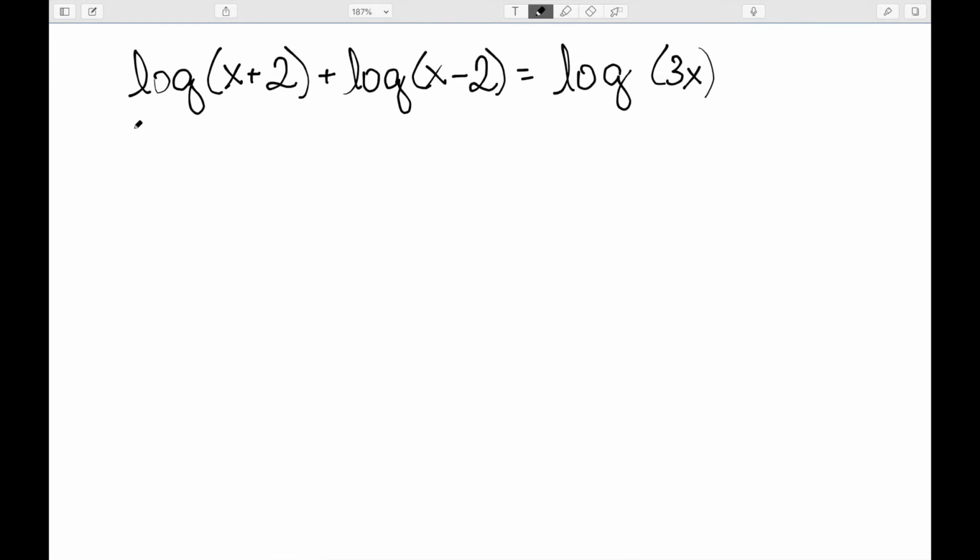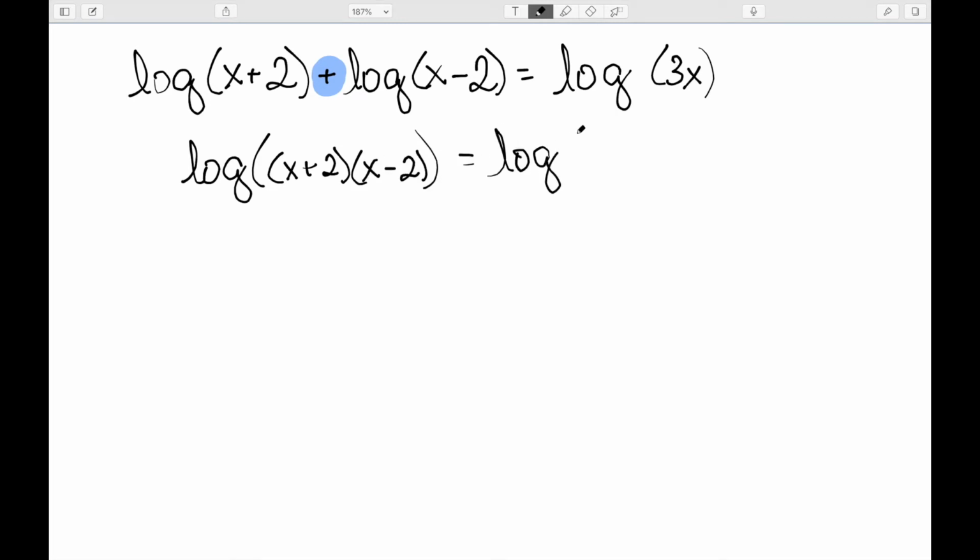Next, let's look at this equation, log of x plus 2 plus log of x minus 2 equal to log of 3x. In this case, I have 3 logarithms. So it's not quite of the correct form, but we can make it of the correct form. One of our properties of logs says that if we take the log of something plus the log of something else, then that's the same thing as log of the first times the second, so log of (x plus 2)(x minus 2) equal to log of 3x.